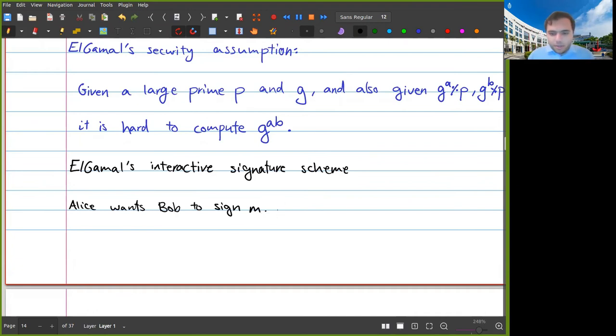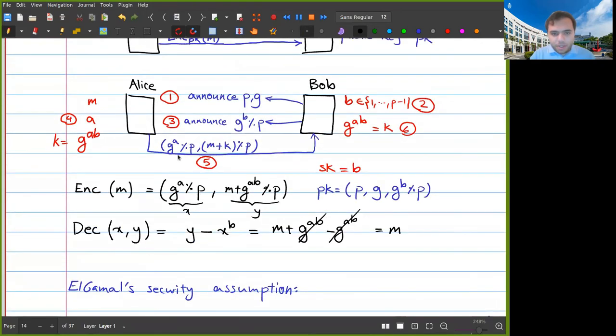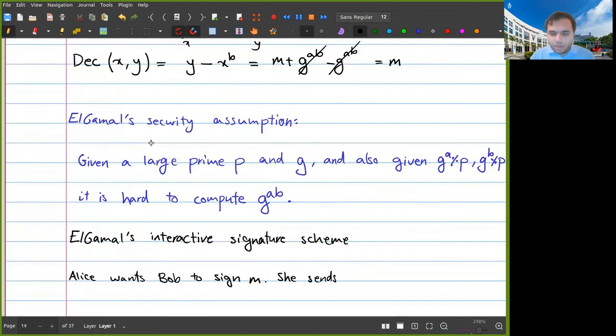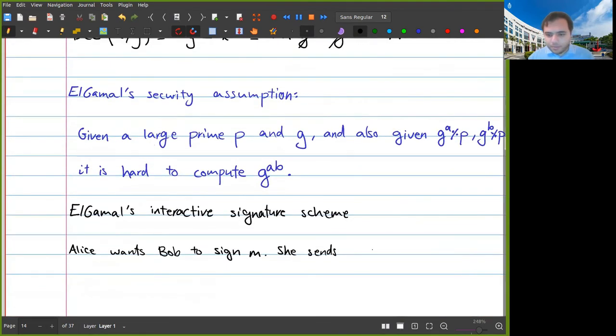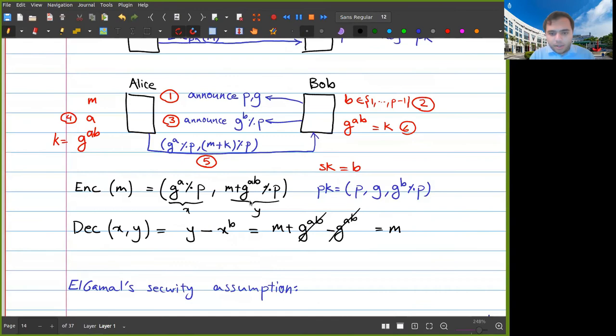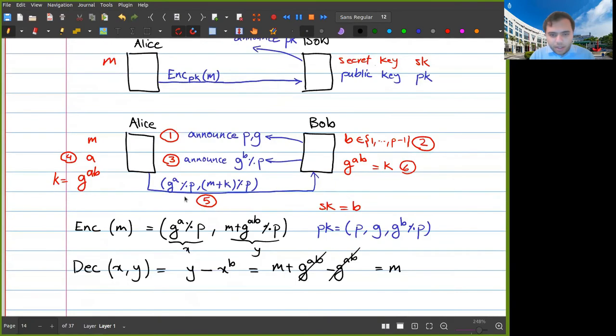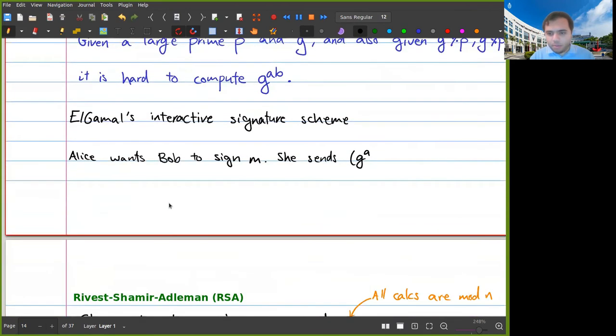Okay, so what does she do? She sends this message to Bob, right? And this message is again based on just a secret that only Alice knows. So she sends G to the power of A and also M plus G to the power of AB to Bob.